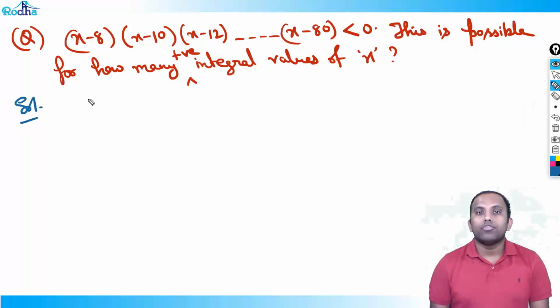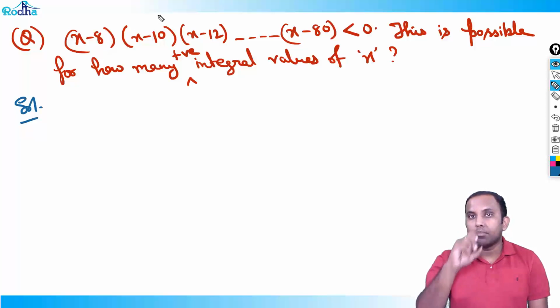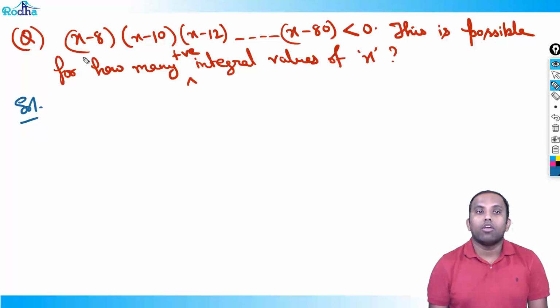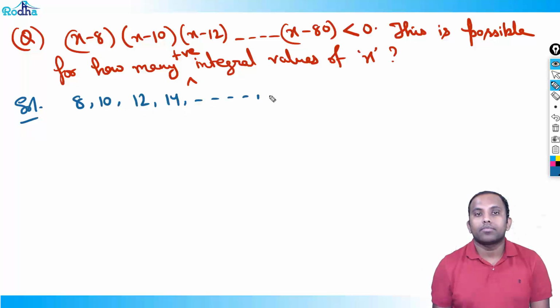See, first of all, in this kind of question, you have to see how many terms are there. How many terms are there is a very important funda, because multiplication of an odd number of negative terms is negative, and multiplication of an even number of negative terms is positive. So how many terms are there? Are they odd or even? It's like 8, 10, 12, 14 till 80.